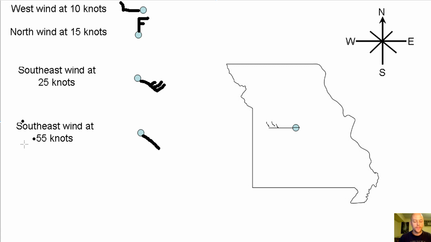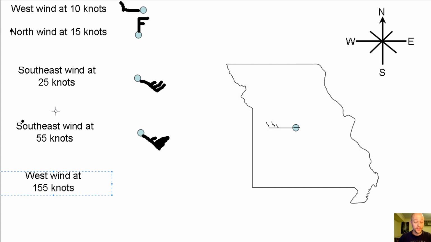Now to draw 50, you have to draw a triangle. It's going to look like a little flag on the back. That's 50, and then we need 5 more, so just a little barb. So that's 55.